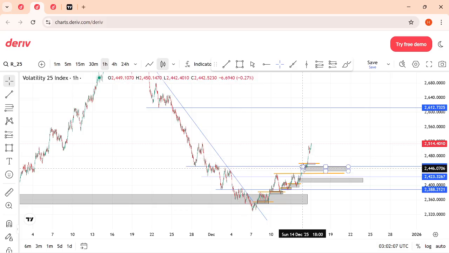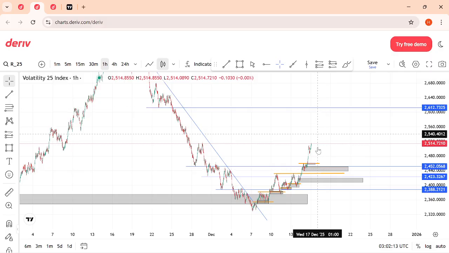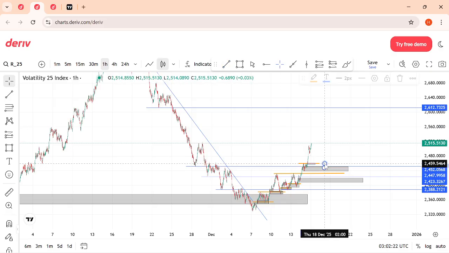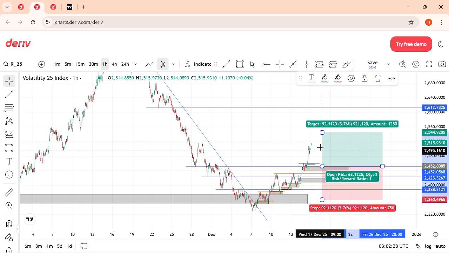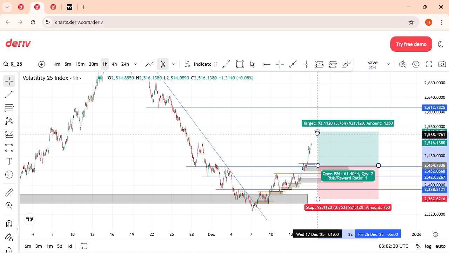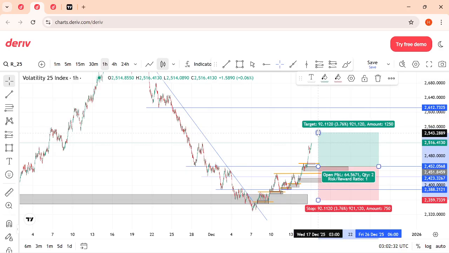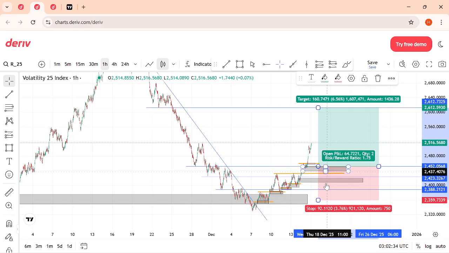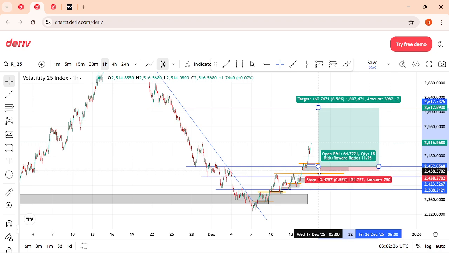Now, taking a trade from here, there are two things. If you are able to catch a trade from here, you should be targeting this point. So any of these zones you're able to get a trade from, your target would be, okay, let's use this.